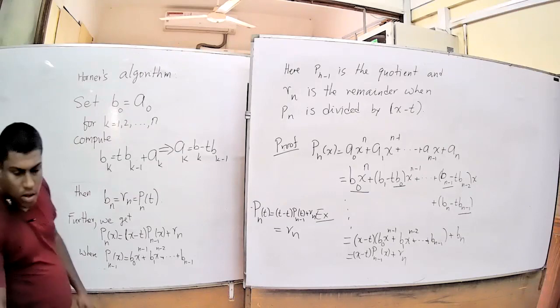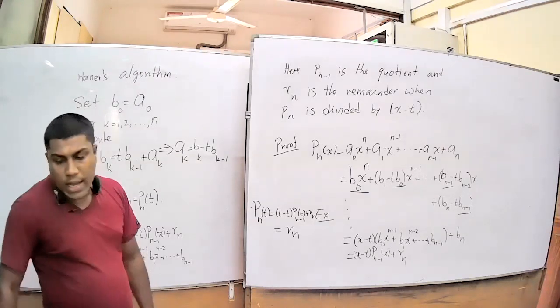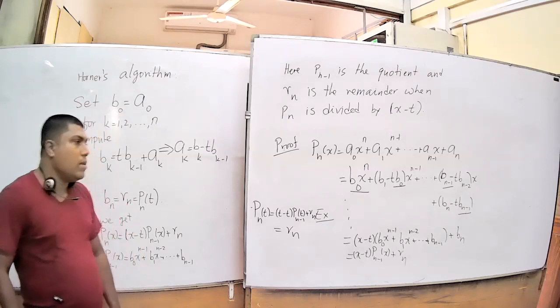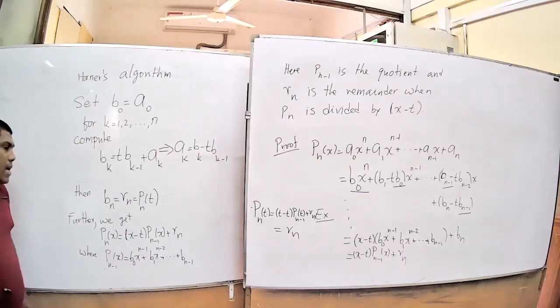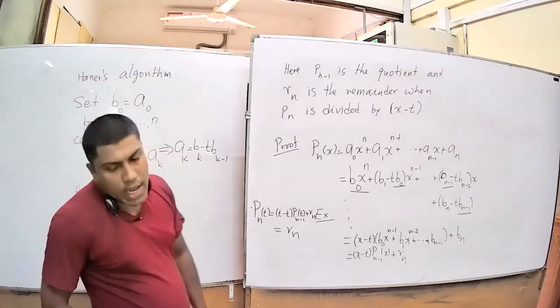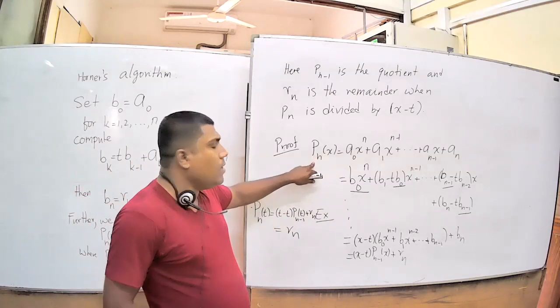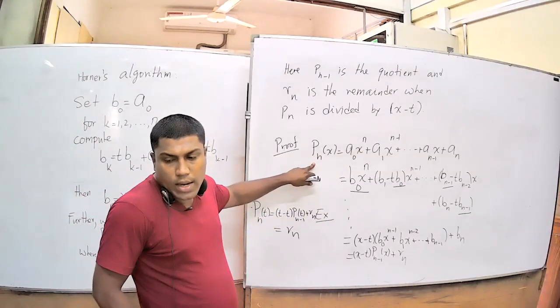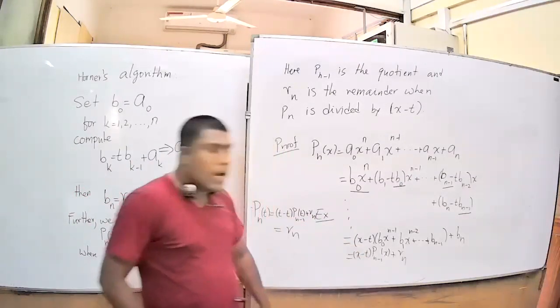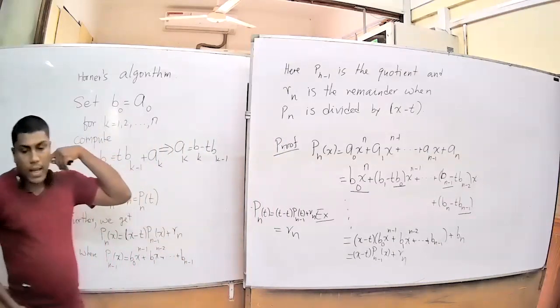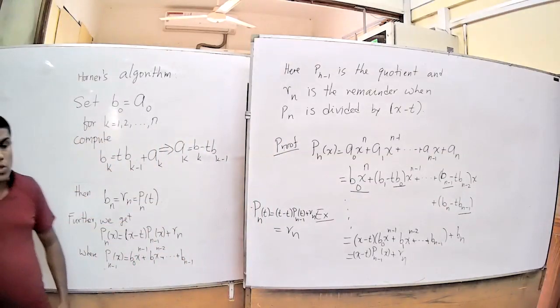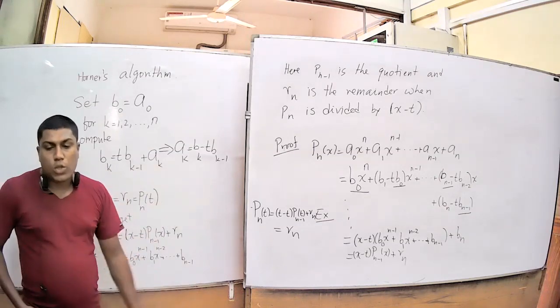So now, in the next class, we are almost in time. In the next class we are going to continue doing this Horner's algorithm. I started with the n degree polynomial and ended up with n minus 1 degree. If I apply Horner's algorithm again to that, I will get n minus 2 degree.